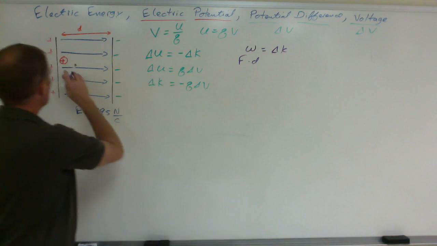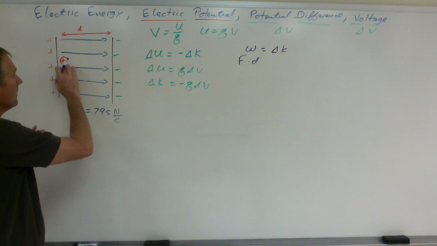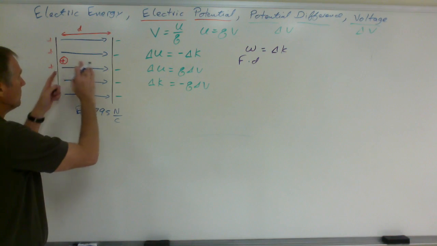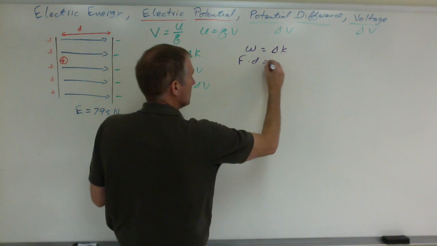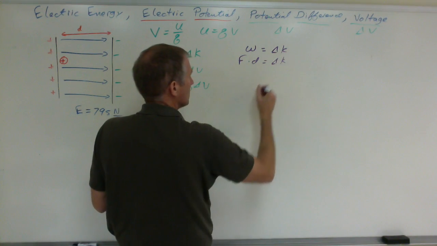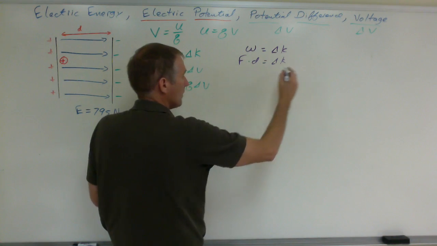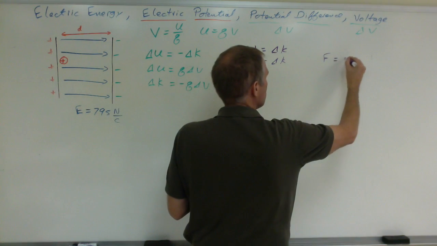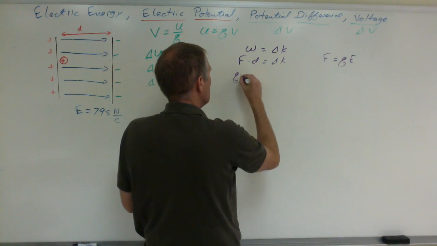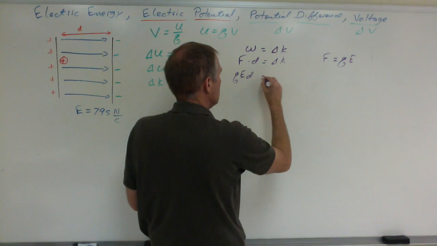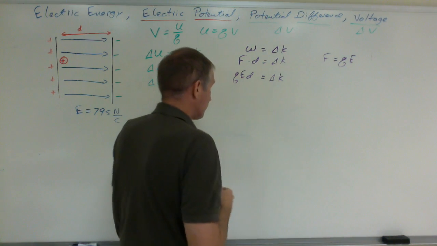All right, so the electric force, there's a force acting on this, F, and it acts through this distance from here to here. So that equals delta K. And you also know that the equation for force is q times E. And so q times E times d equals delta K.